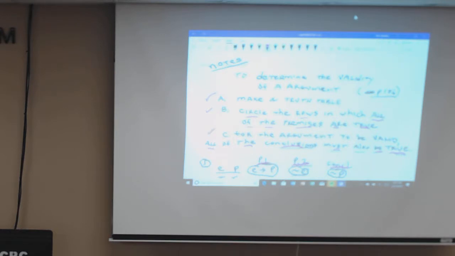Then 3, for the argument to be valid, all of the conclusions must also be true. That is, all the conclusions where the premises were true.